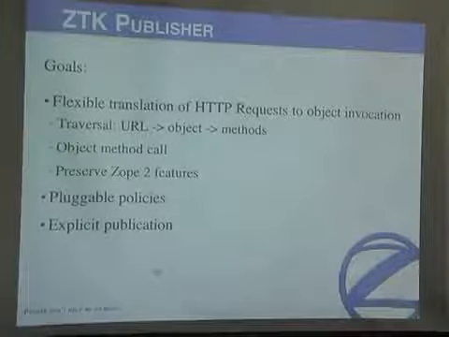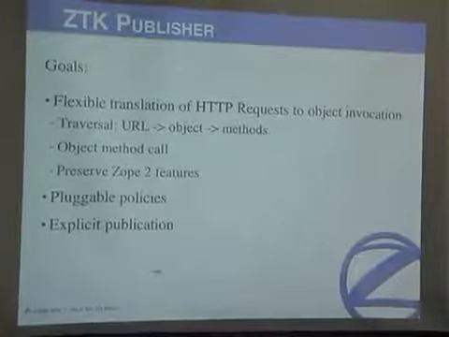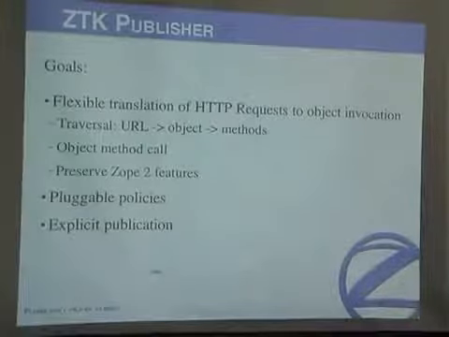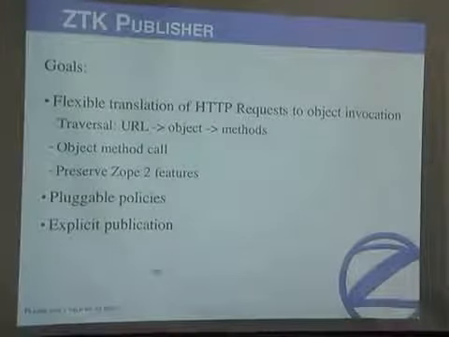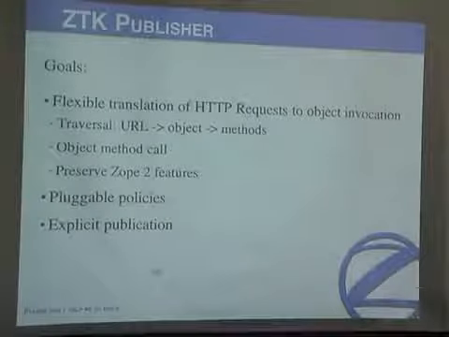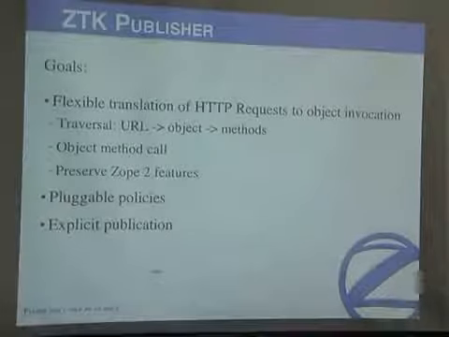But old habits die hard. The new name for it is the ZTK, or the Zope Toolkit. And it has a publisher that was based on the Zope 2 publisher, and it tried to apply the lessons that we learned in the Zope 2 publisher about making things more explicit, but it ran into some other issues, which I'll describe.